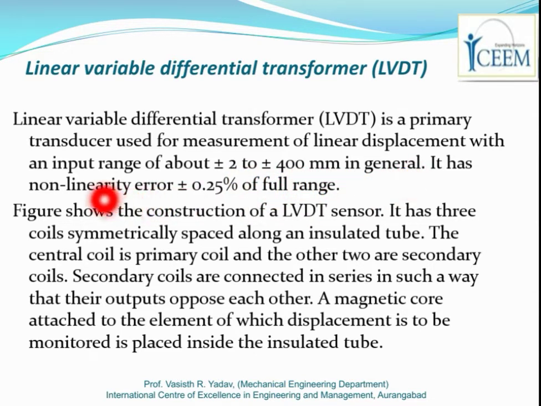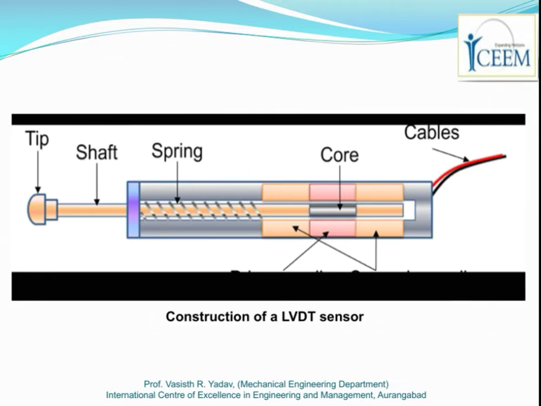It has a non-linearity error of ±0.25% of full range. All these specifications about range, span, and non-linearity were already discussed in the previous lecture, right? So let us see what an LVDT is with the help of a figure.